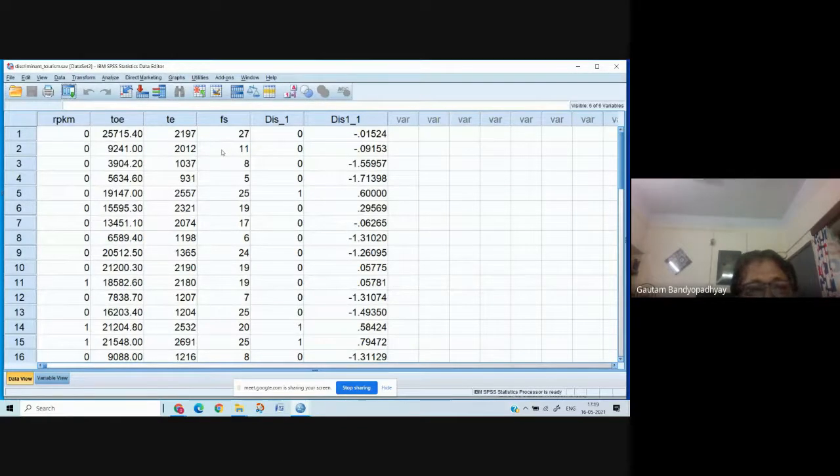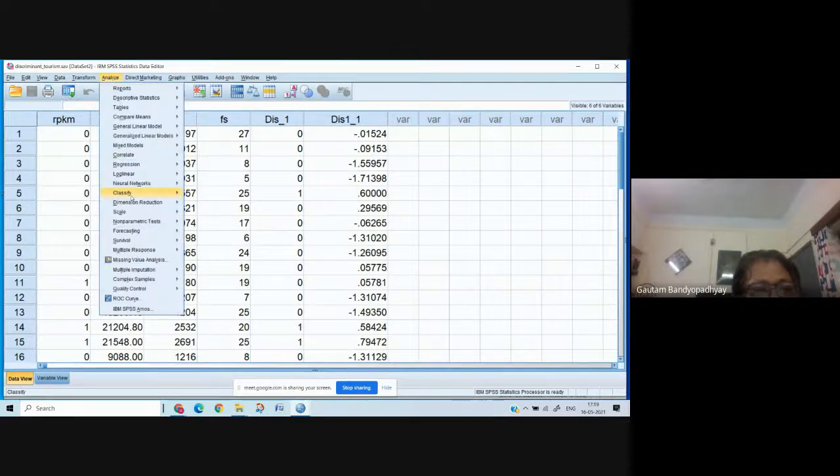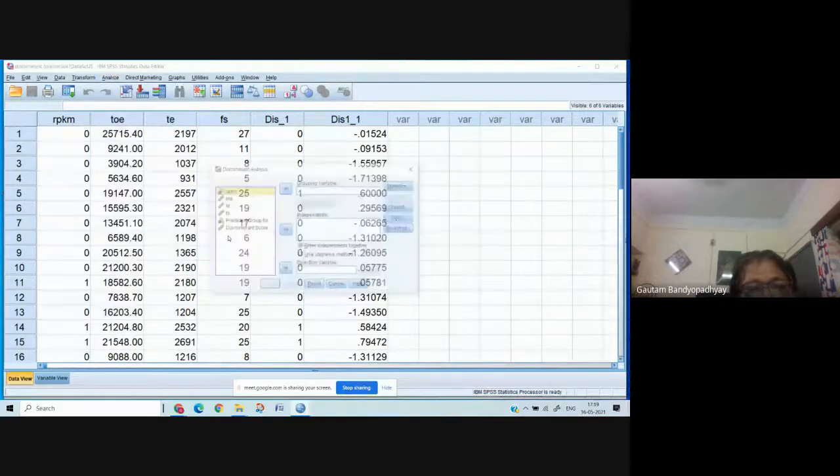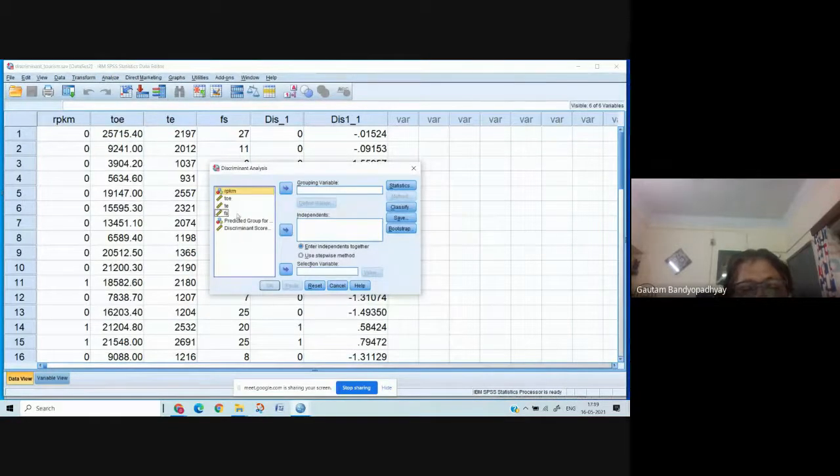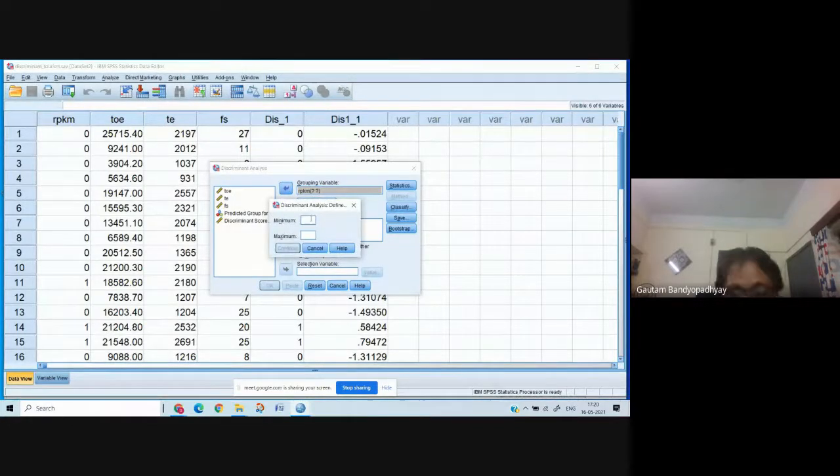And these are three independent variables. So now for this you go for Analyze and Discriminant Analysis. This is your grouping variable, RPKM, and naturally there are two groups, 0 and 1.